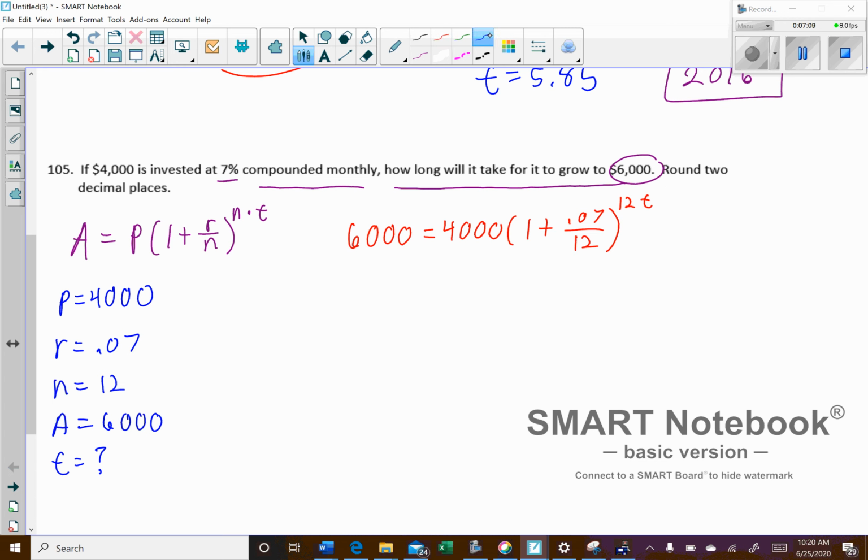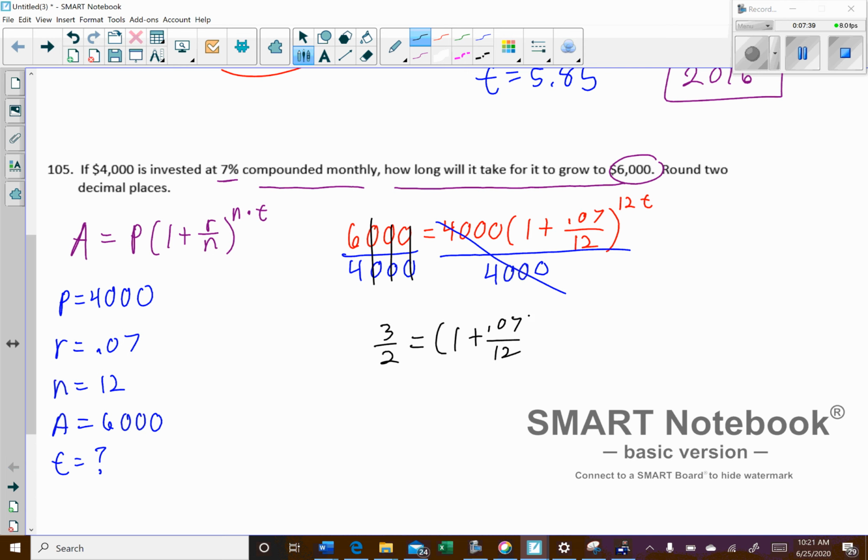Then I want to isolate my base again, so I'm going to divide both sides by 4,000. That cancels out here, and those zeros cancel out. That turns into 3 halves equals 1 plus 0.07 over 12 raised to the power of 12t.